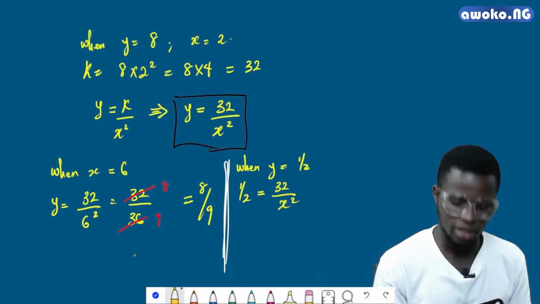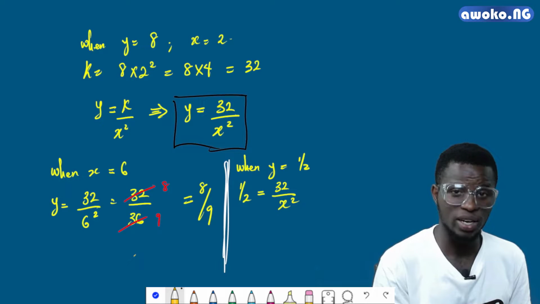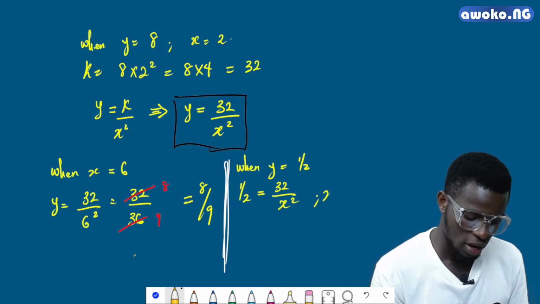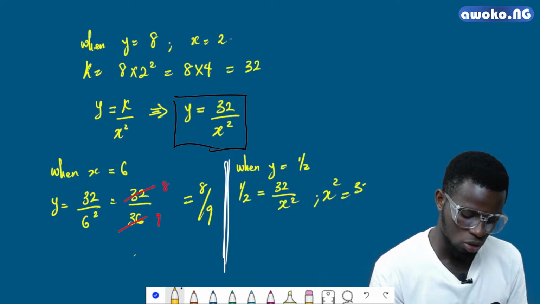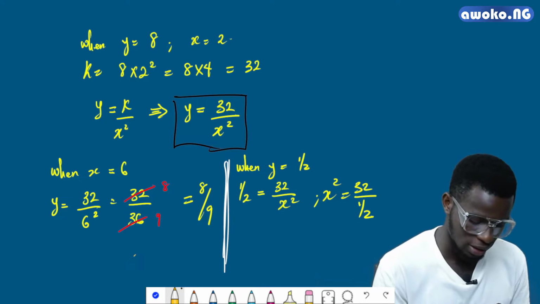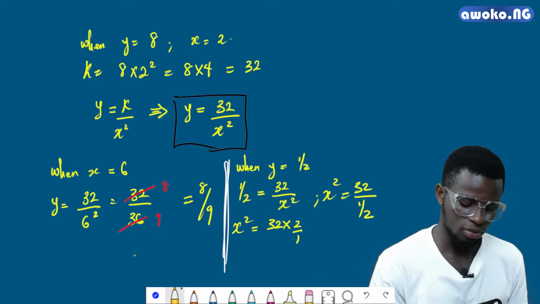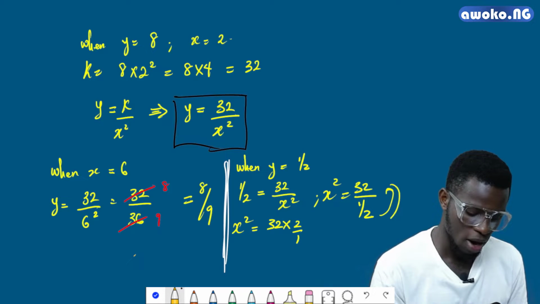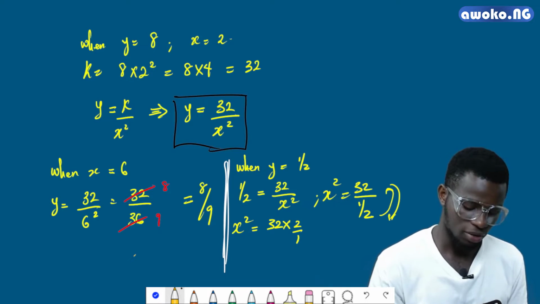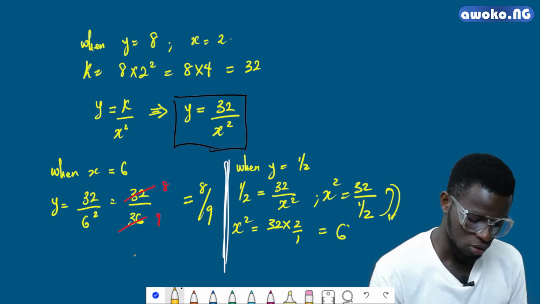If we make X squared the subject of the formula, X squared will be equal to 32 over 1 over 2. And remember, 32 over 1 over 2 is the same thing as 32 times 2 over 1, because this will go up while the other one will come down. So we have this to be equal to 64.